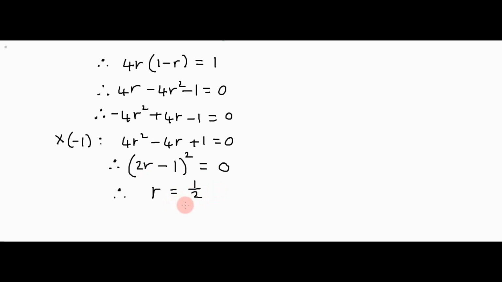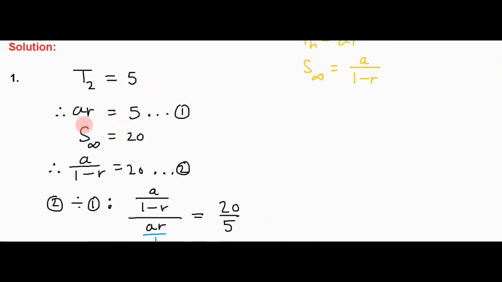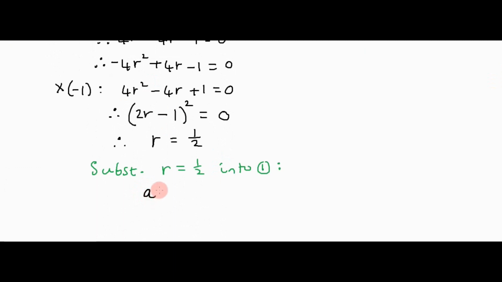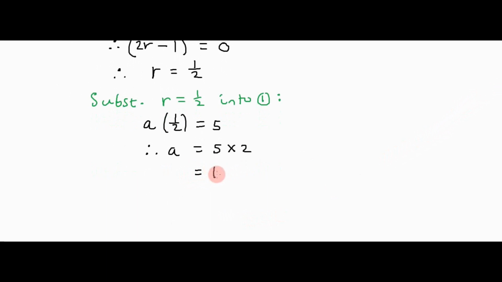Now that we have the value of r, we can substitute it back into equation 1 in order to find a. Recall that equation 1 was ar equals 5. So a times 1/2 equals 5, and hence a will equal 5 divided by 1/2, which is the same as 5 multiplied by 2. So we see that a comes to 10.